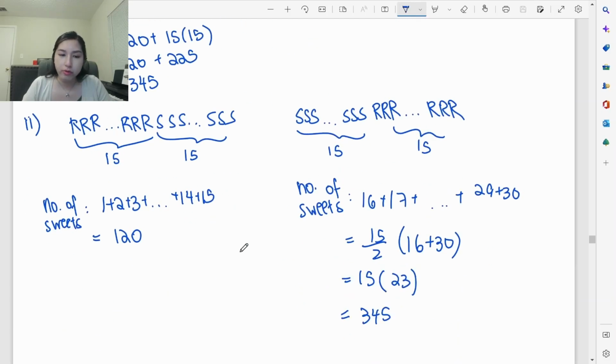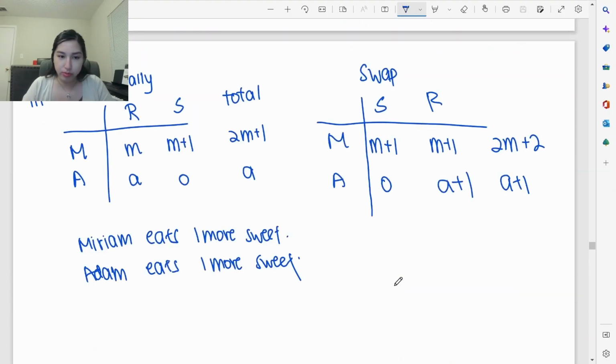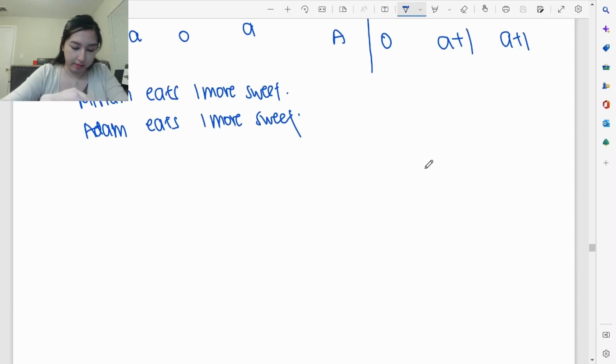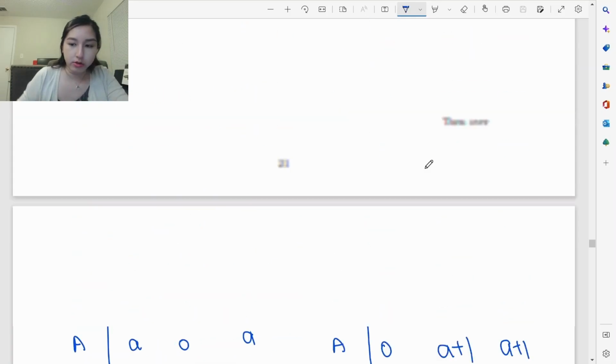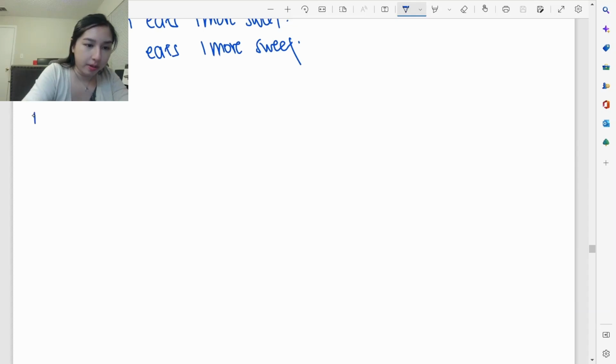Well, we already proved that in two cases, they are going to be eating the same. And we also proved that if we swap the order, they both increase or decrease by the same number. So they're going to eat the same number of sweets, but how would we write it down?